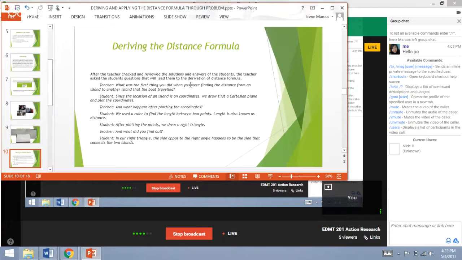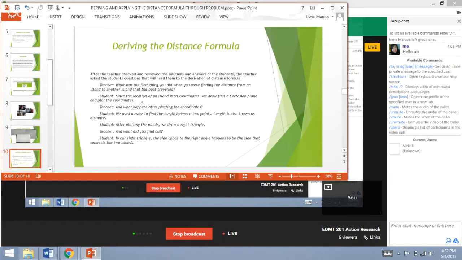So after the teacher checked and reviewed the solutions and answers of the students, the teacher asked the students questions that will lead them to the derivation of the distance formula. The teacher said, what was the first thing you did when you were finding the distance from an island to another island where the boat comes from?